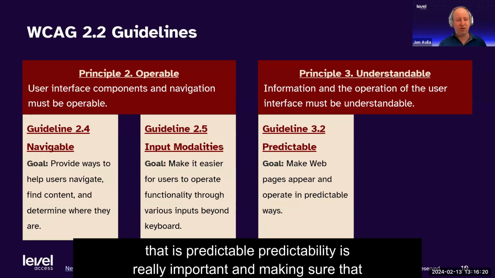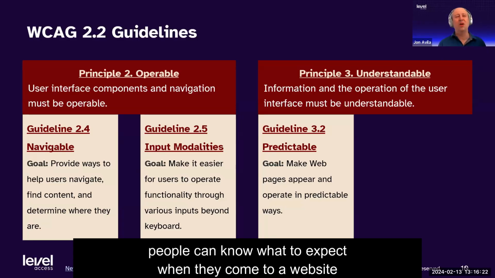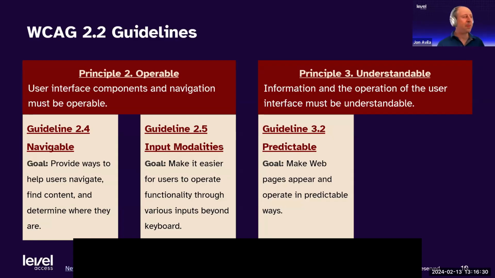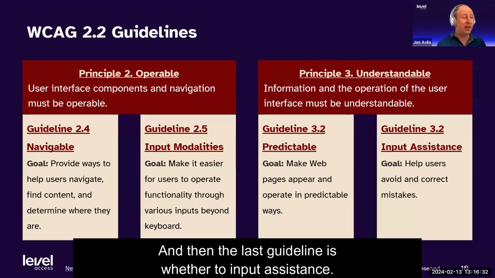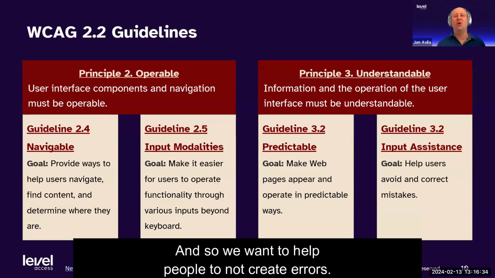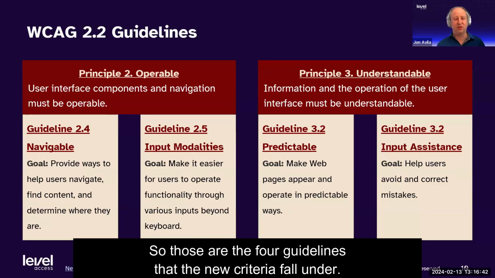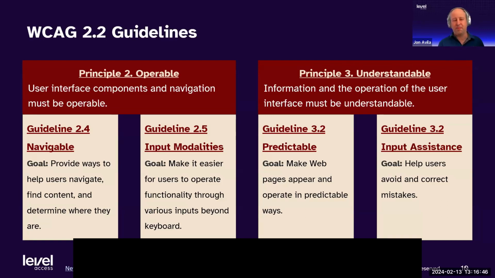Predictability is really important, making sure that people know what to expect when they come to a website and that it works consistently across that site. And then the last guideline is related to input assistance. We want to help people to not create errors, and if they do create errors, how can we help people fix those errors? Those are the four guidelines that the new criteria fall under.